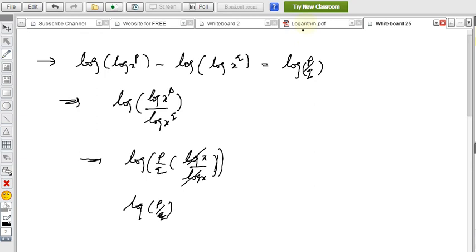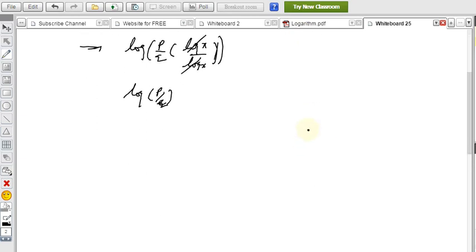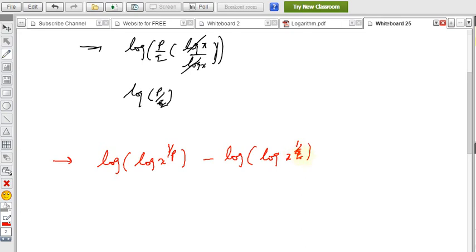Similarly, one more property like this: log of log x to the power 1 by p, minus log of log x to the power 1 by q, that is log q by p, because of the reciprocal, so you will get q by p.